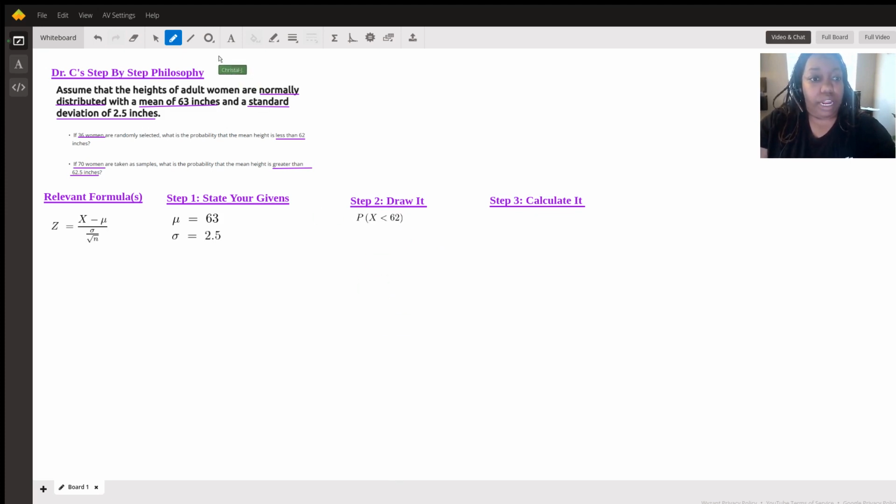And then the second one is greater than 62.5 inches. So the probability of x being greater than 62.5 inches. Okay. So we pretty much have two of them. We'll put this one up here and we'll put this one here.